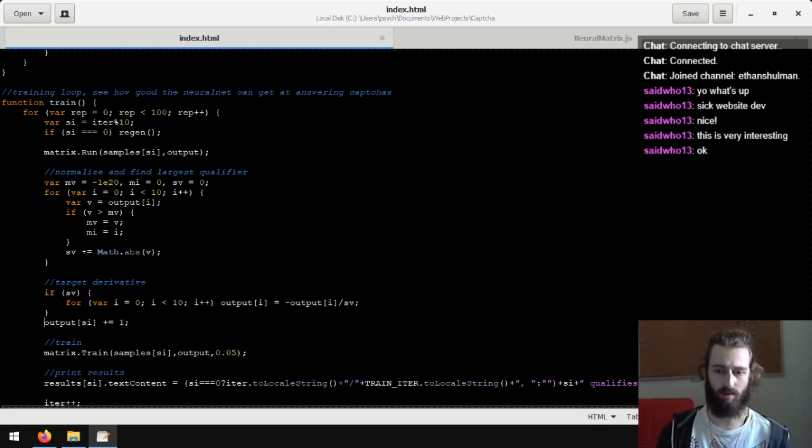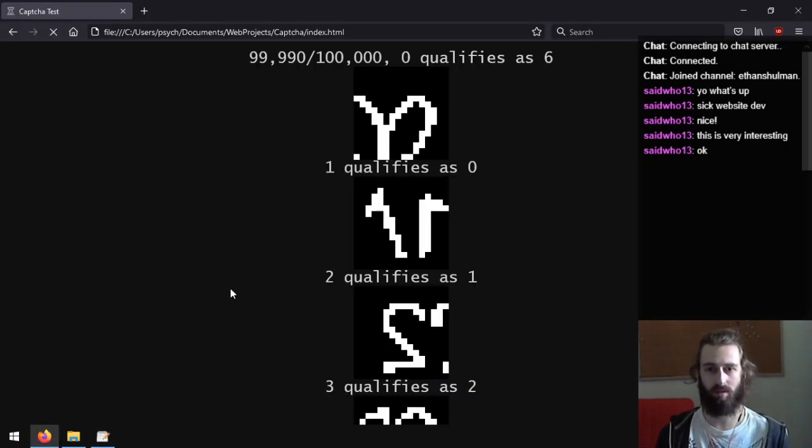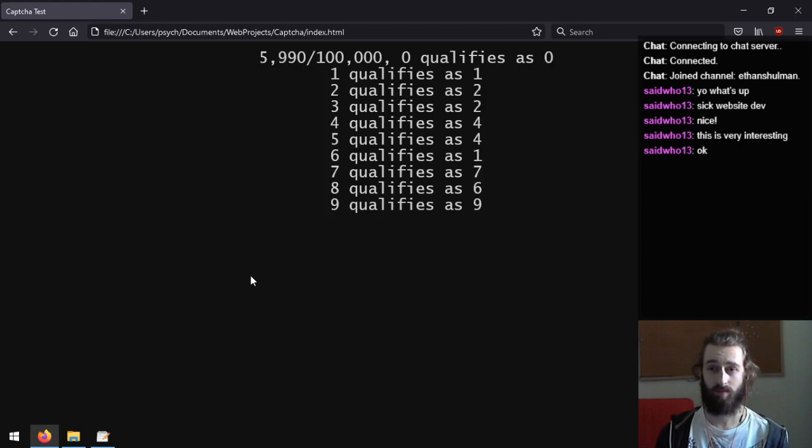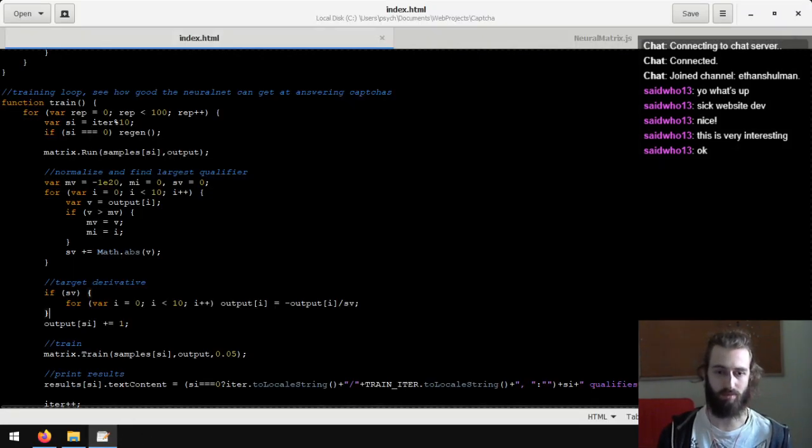I'm just thinking here, I might measure the loss, because I can easily count this up, and it would give me a better measurement of how close they're getting.